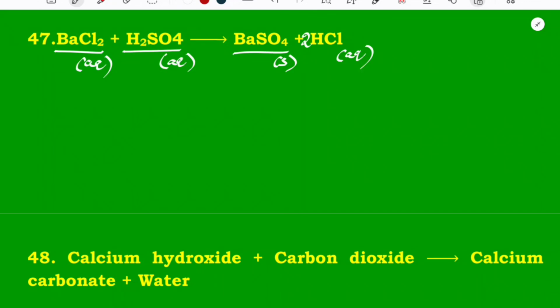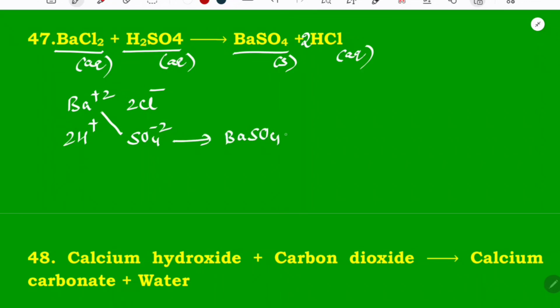Physical states are also correct. Here what takes place? Ba2+, 2Cl-, 2H+, SO4. So Ba2+ and SO4 combine to form barium sulfate. This is solid. And 2H+ and 2Cl- combine to form 2HCl.